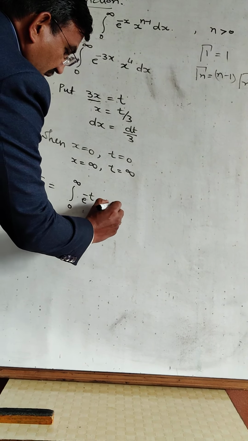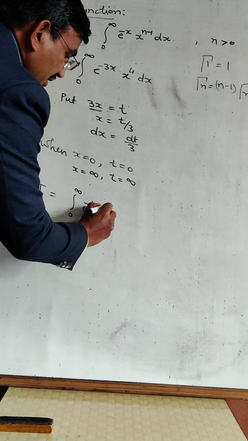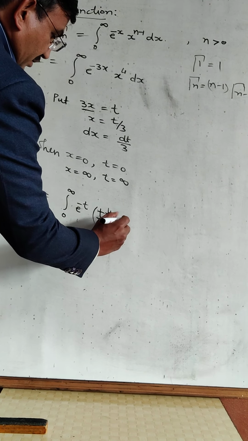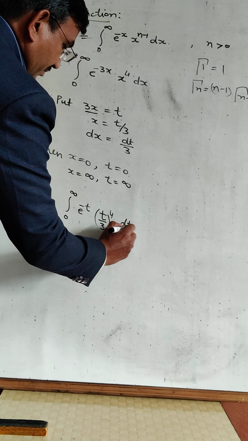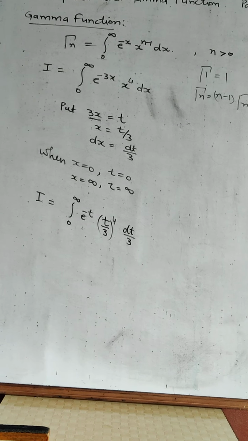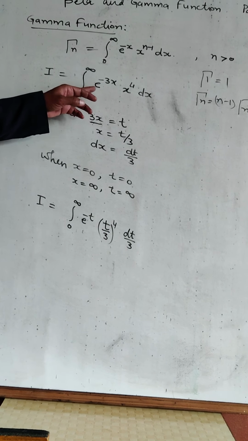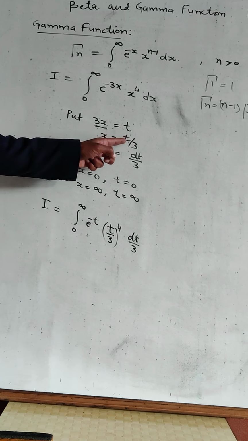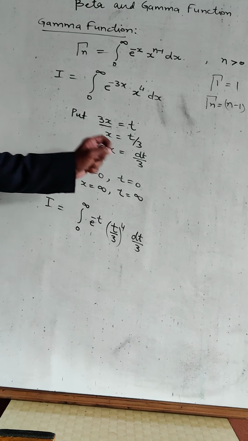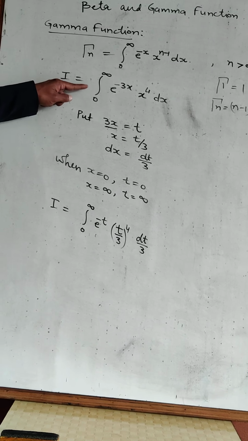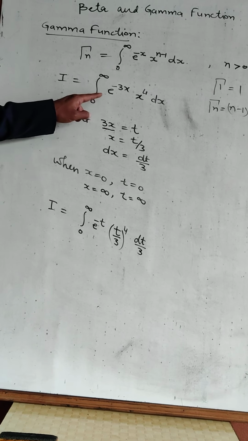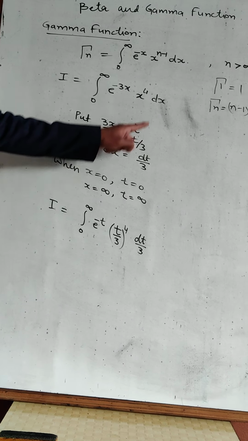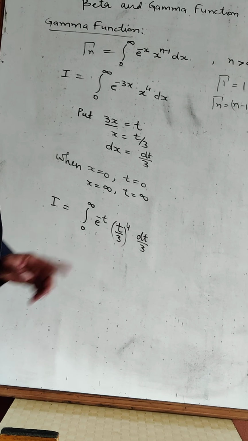It would be t by 3 raised to the power 4, then dt by 3. Again look, when we substitute 3x is equal to t, x is equal to t by 3, dx is equal to dt by 3, it would become integral 0 to infinity e raised to the power minus t, t by 3 raised to the power 4, and dx would be dt by 3.